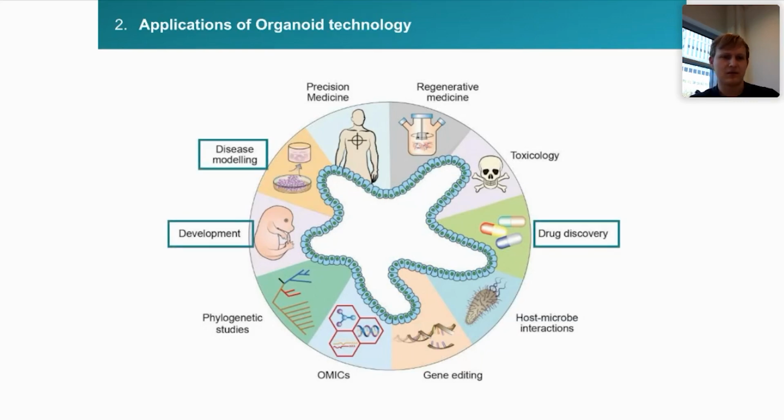One is how we model certain human diseases in our lab, but also to look at how drug discovery looks using organoids as a tool, and also to see how we can look at developmental processes that were otherwise hidden inside of the body, if you want to put it with these words.